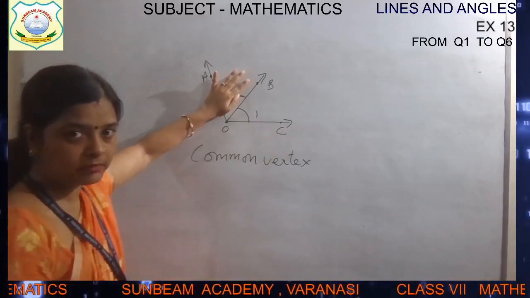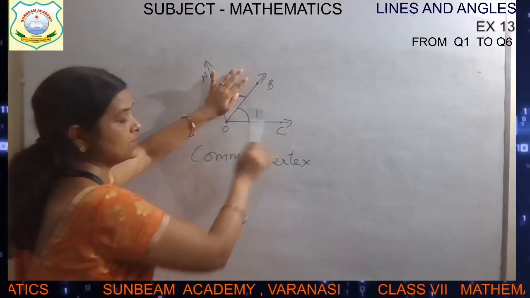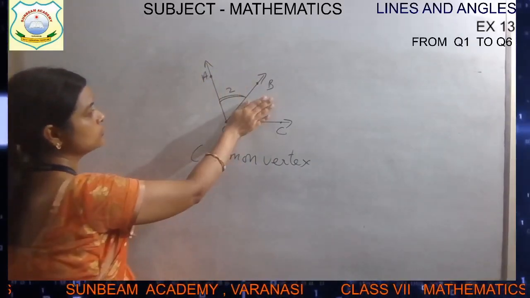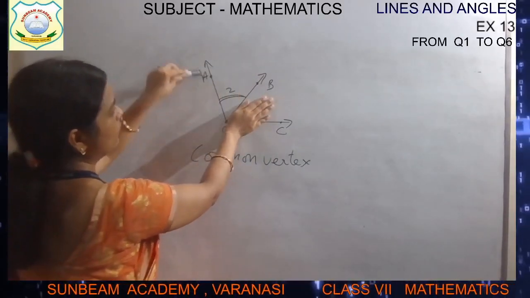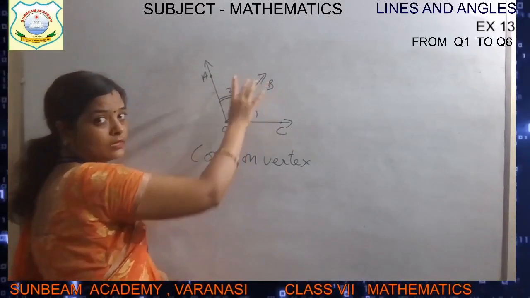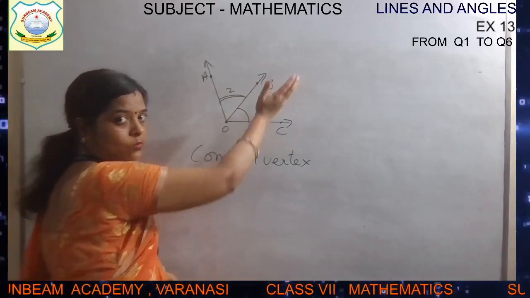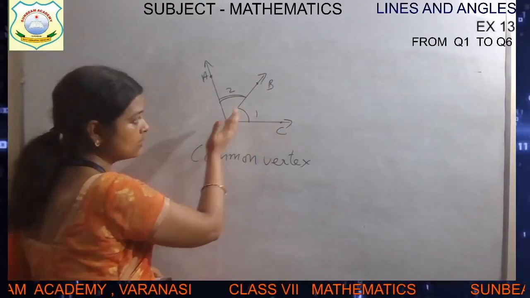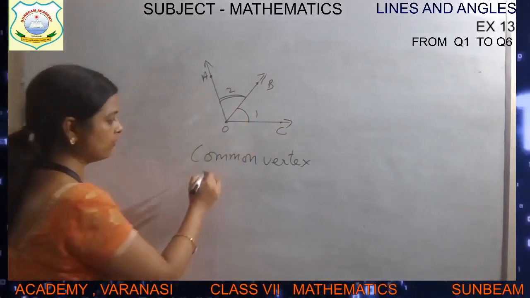And in angle 2, OB and OA are the arms. So which arm is common? OB is the common arm. Which arm is common in both the angles? OB.